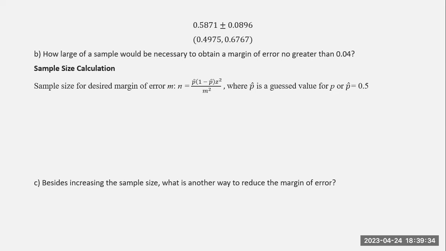If you were using the table on the back of your formula sheet, you maybe did 2.576. It's in that area, depending on whether you got it in your calculator or the formula. So it looks like this. Except I wrote it wrong, didn't I? What is my error here? It should be 0.04. If I put 0.4, it's going to give me a very wrong answer.